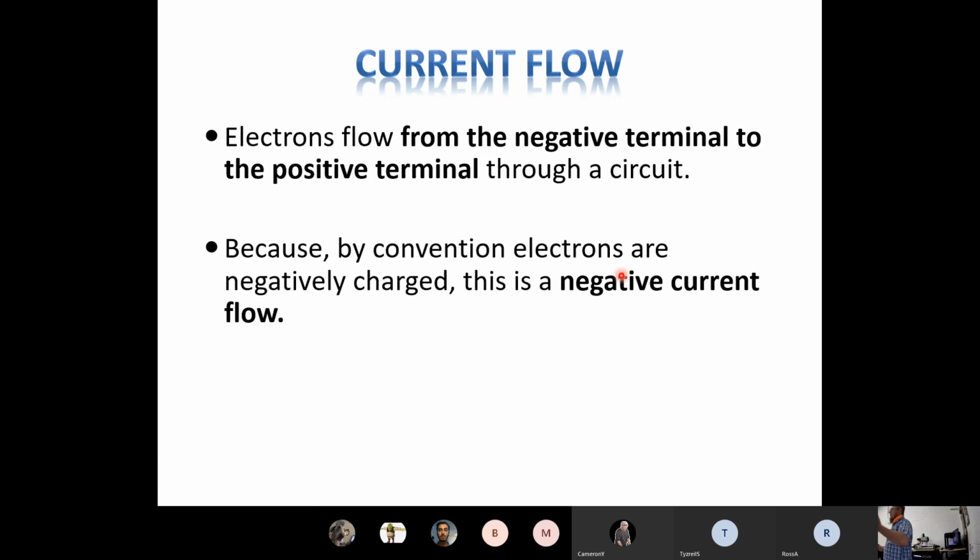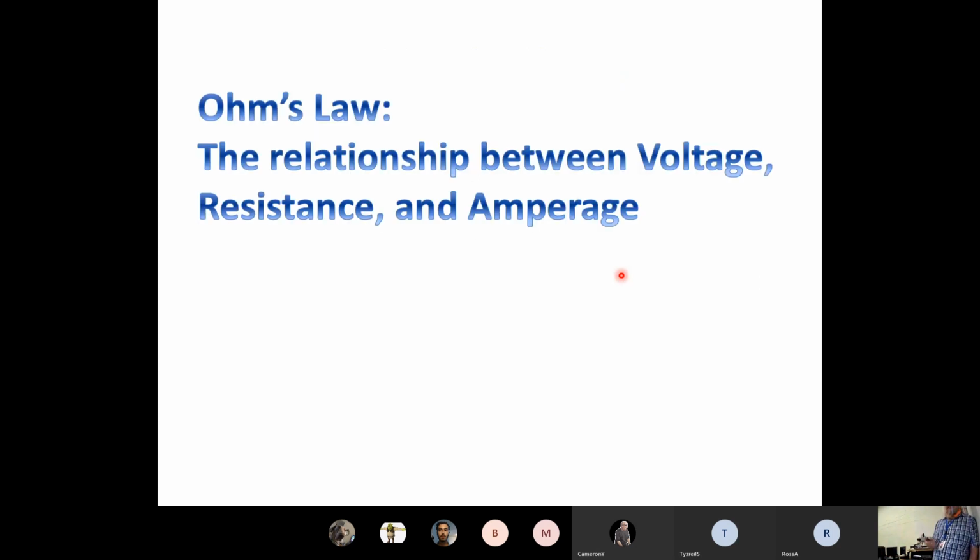We talked about the fact that a negatively charged atom is going to go towards the opposite, the positive. If they were the same, a negatively charged atom would repel from another negatively charged atom. But that's why it goes from negative to positive.